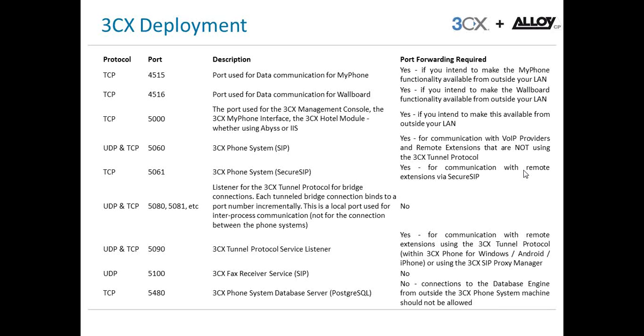Down on the left-hand side, it tells us whether it's using TCP, UDP, or both. It gives us the port number, a description of what that port is used for, and then a description of whether port forwarding is required or not, or if it's optional, and when you would need it versus when you wouldn't. This is a couple of pages of information I keep available with me at all times, anytime I'm dealing with 3CX.